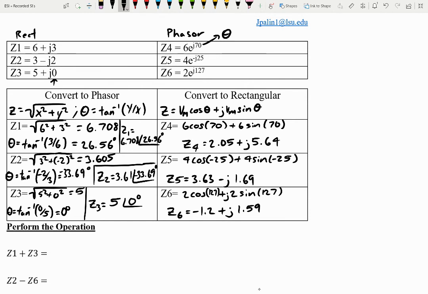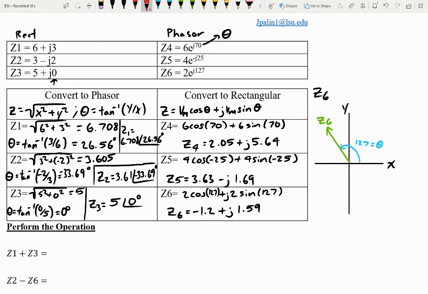We'll do z6 real quick, where this would be X and this would be Y. So if we were to take 127 degrees roughly, let's say that's z6.